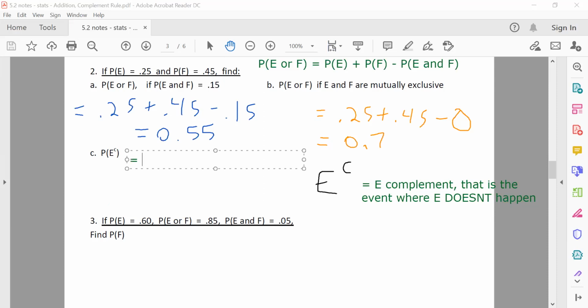This is just going to be equal to 1 minus the probability that E does happen. In fact, that's going to be true for all complements. The probability something doesn't happen is 1 minus the probability it does. Thus, this is equal to 1 minus the probability of E, which is 0.25. So the probability of E complement is 0.75.